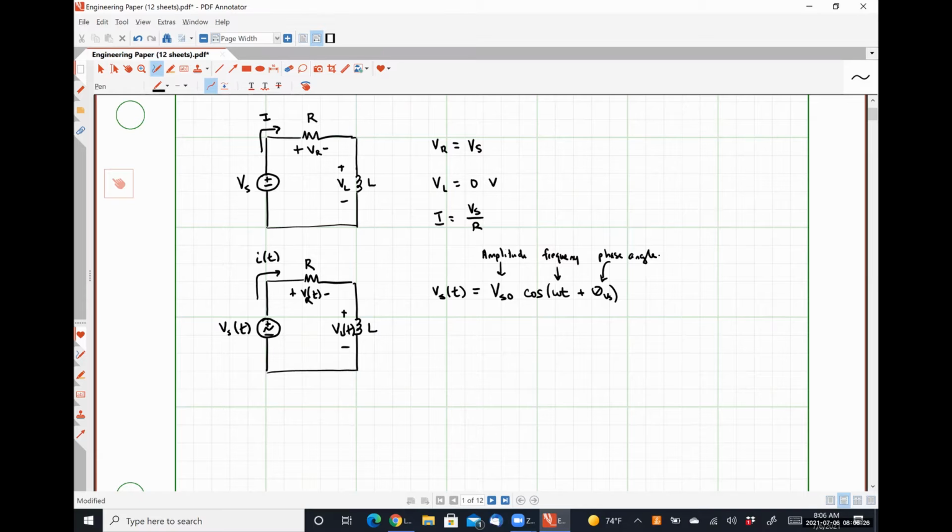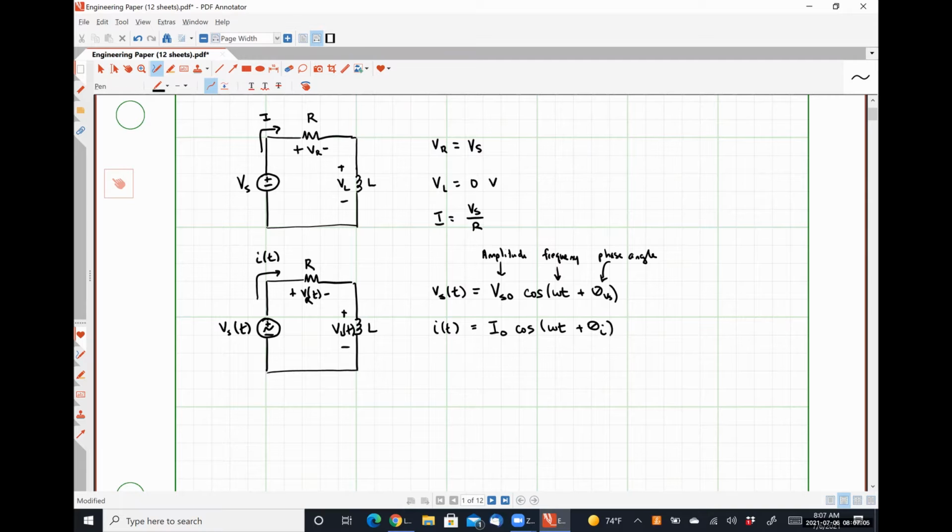If we were trying to determine the current that flows in the circuit in particular, I of t, I would argue that our expectation of how I of t is going to behave is that it is also going to be a sinusoidal function, having some particular amplitude, frequency, and phase angle.